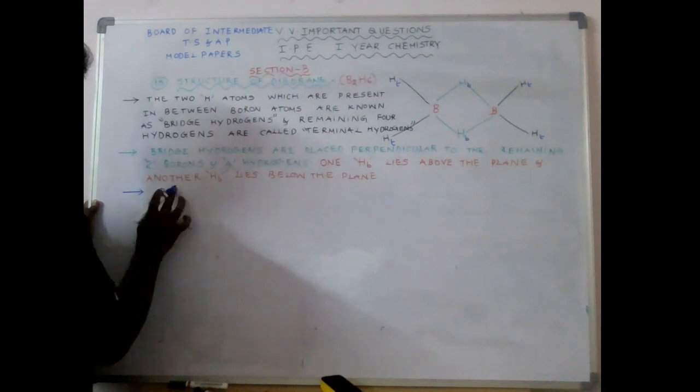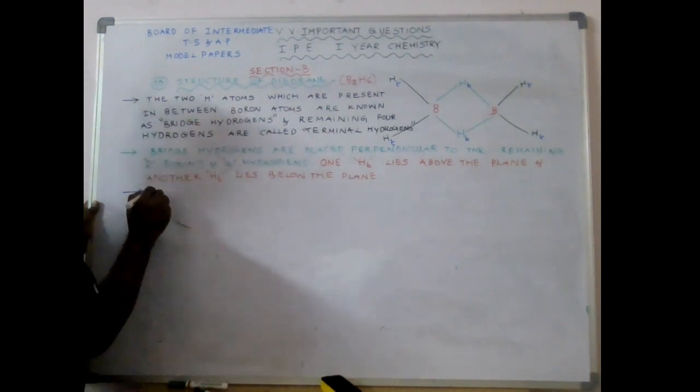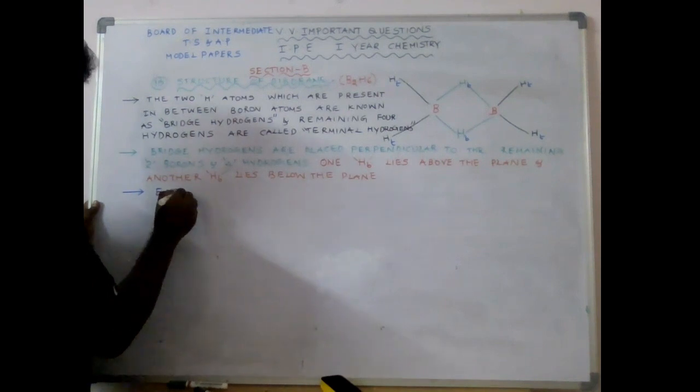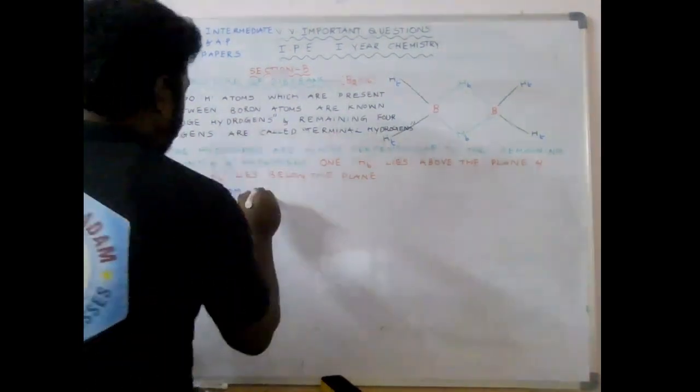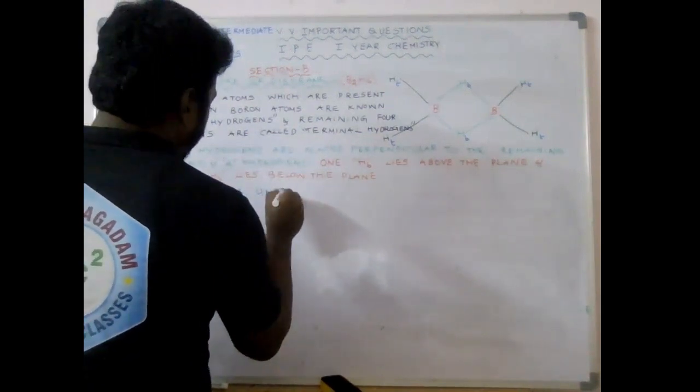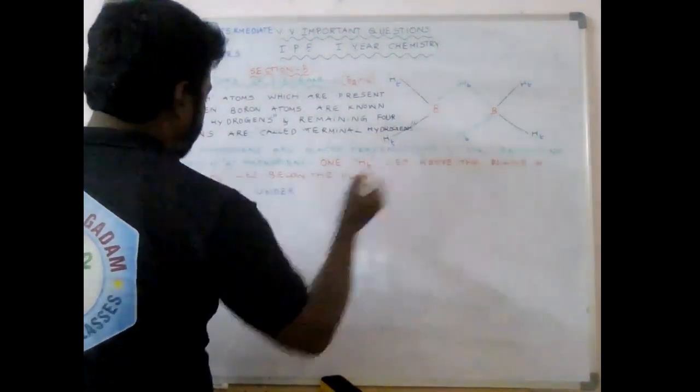Each boron atom undergoes which hybridization? I told you, four sigma bonds are there.